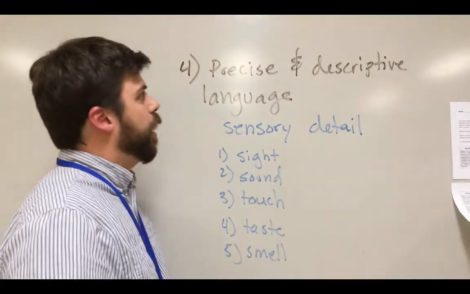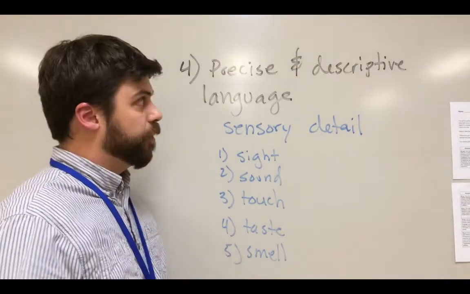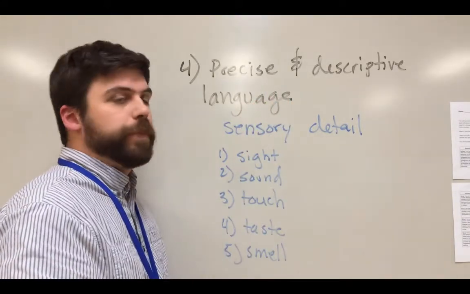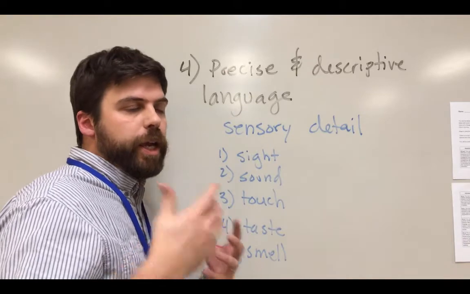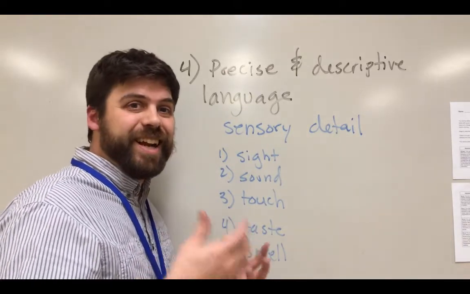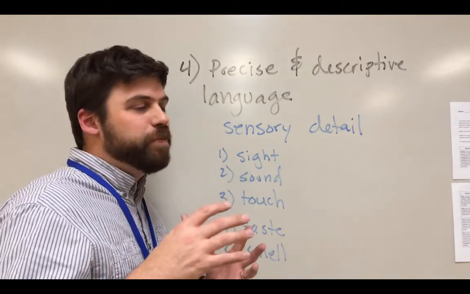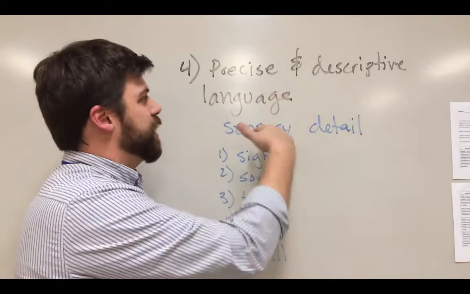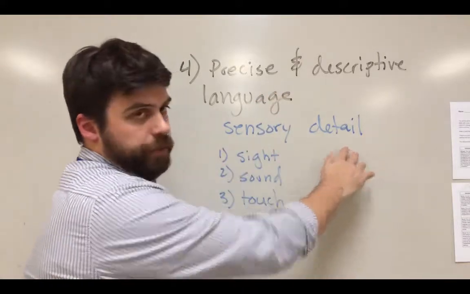This fourth standard, a lot of English teachers just love for any kind of writing. It just makes for good writing. Precise and descriptive language. What that means is that you take care to use words that are very descriptive, precise, that you name things that need a name, that you're not just very vague and unspecific. One of the best kinds of precise and descriptive language is sensory detail.